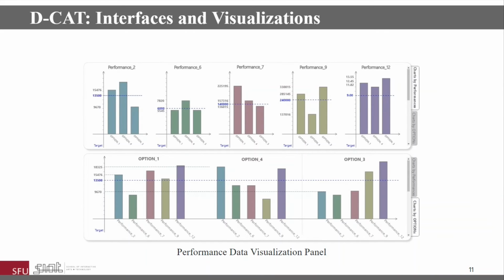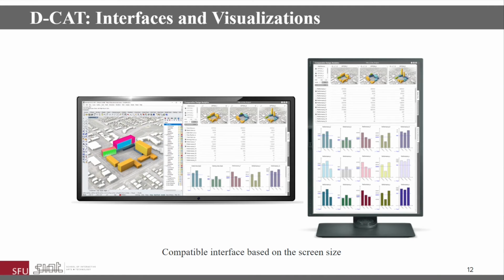The bottom panel on the interface is composed of customizable visualizations such as bar charts, parallel coordinates plots, and line charts to facilitate visual comparison of design alternatives. And finally, the tool is configurable to enable exploration and analysis of different aspects of the design based on the project at hand. The interface itself is compatible with larger screens as well as smaller screens.